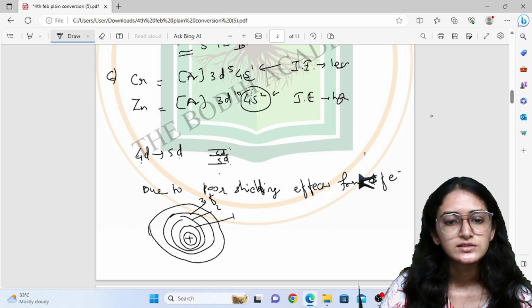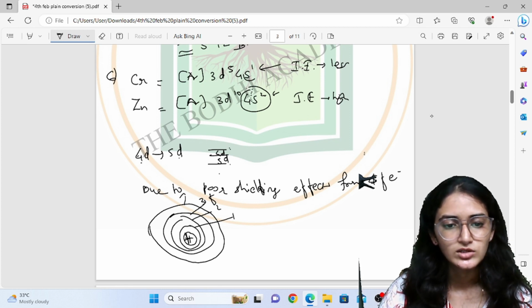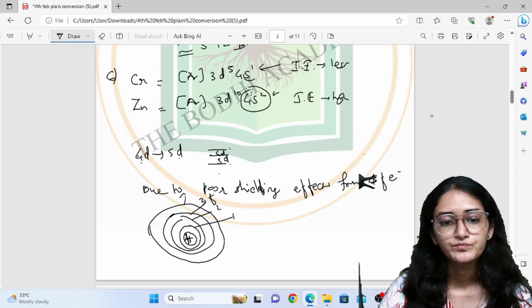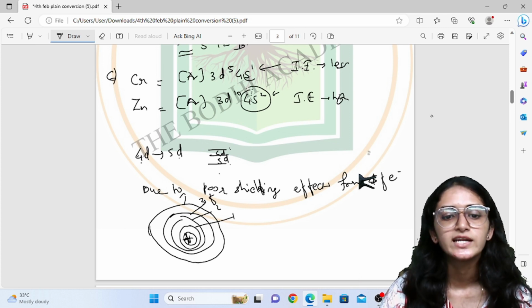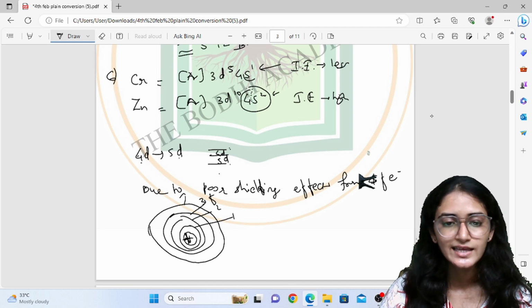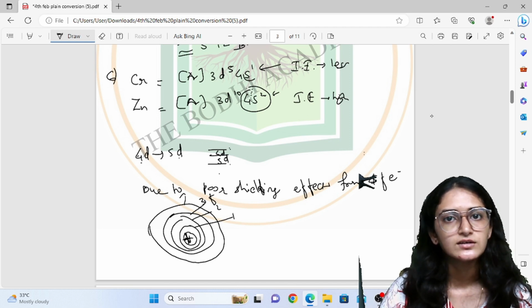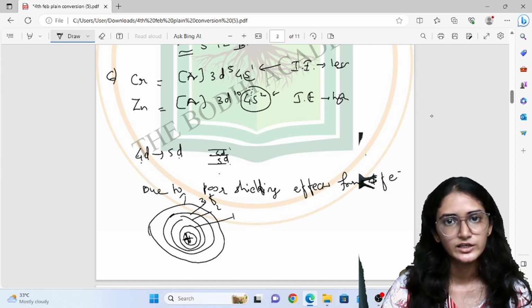With d electrons in the shell, the nucleus won't be able to attract the outer electrons towards itself very strongly. But f electrons provide poor shielding. Poor shielding means poor screening, which does not act as a good screen. So the nucleus is able to hold the outermost electrons more tightly towards itself.